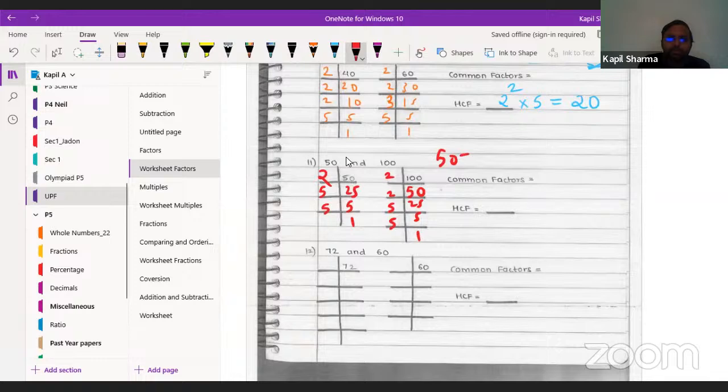So 50 is 2 times 5 square, and 100 is 2 square times 5 square. So 2 times 25. What is 2 times 25, Swastik? It's 50. Yeah. So you can see that smallest power of 2 is 2, smallest power of 5 is 5 square. This is 50.